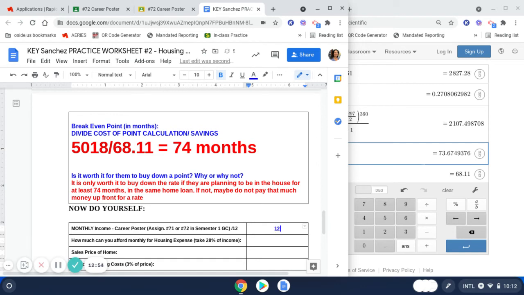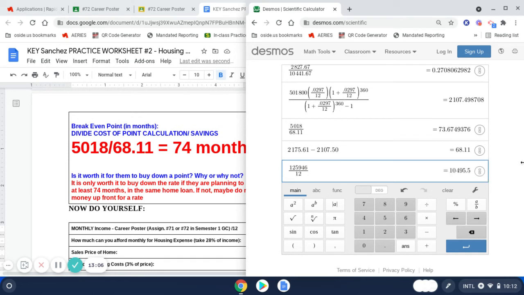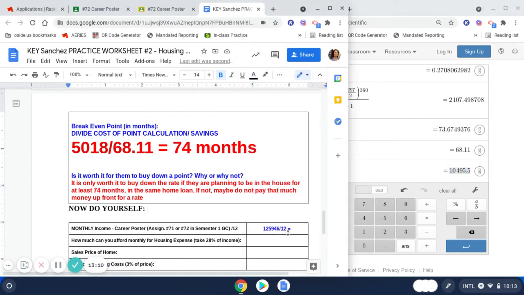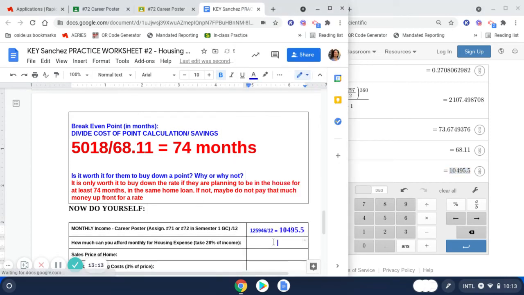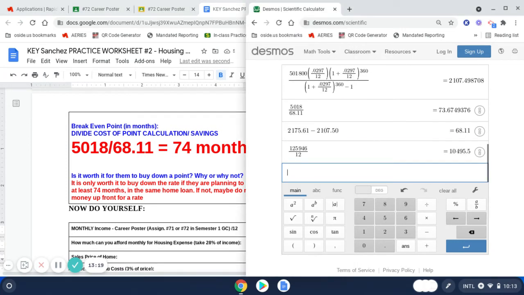So $125,946 divided by 12 is $10,495.50. Then she's going to take 28% of that number to see how much she can afford.